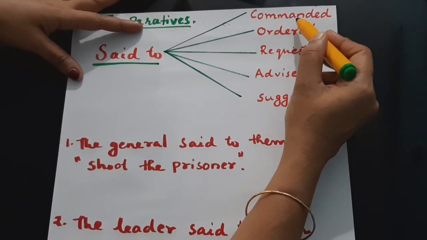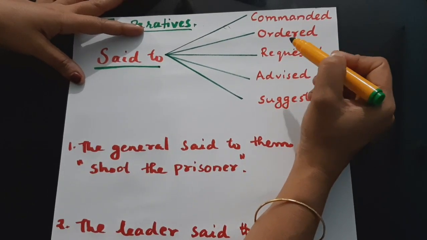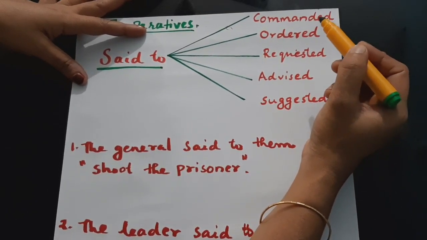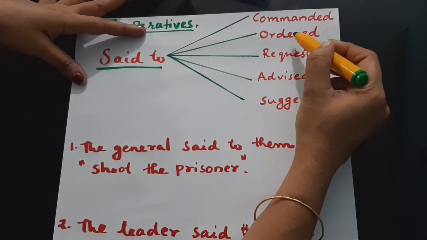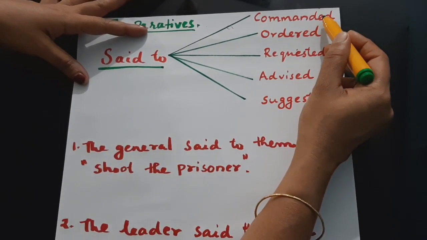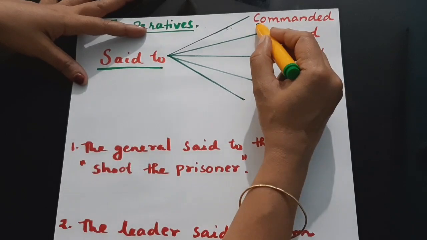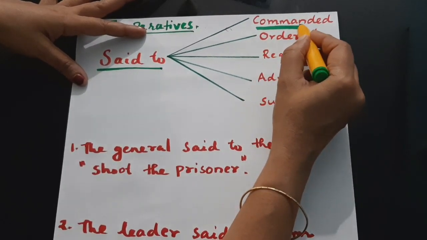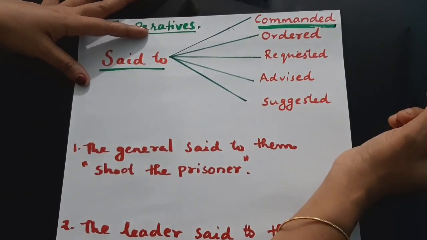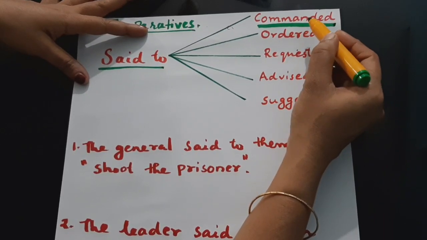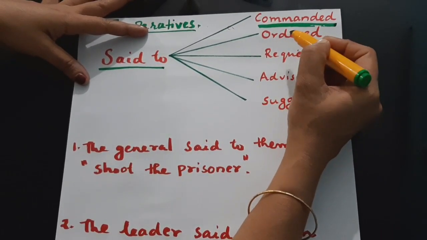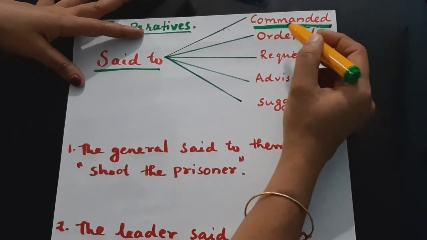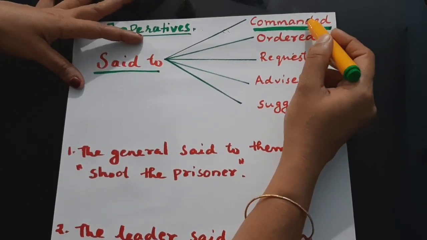Command means when a superior police officer or especially a military officer gives an order to his subordinates, it can be called a command. A superior military officer or police officer, when he gives an order to his subordinates, it can be considered as command.